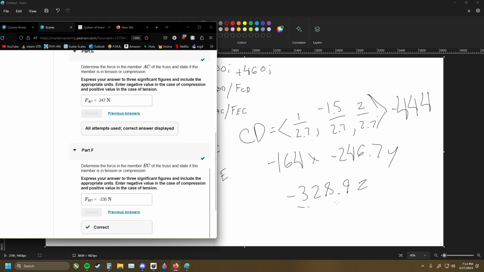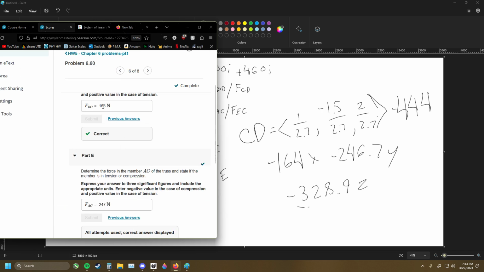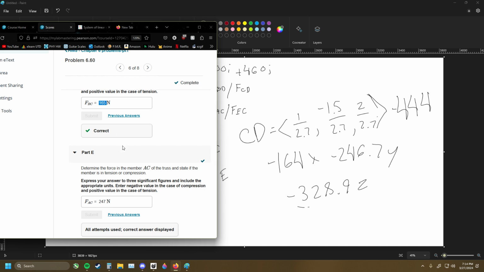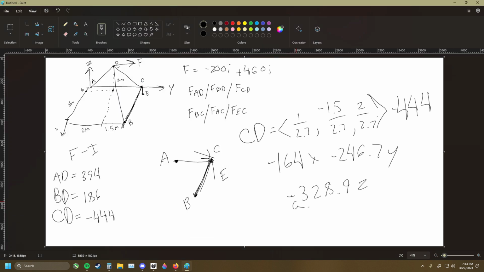I guess I did my math wrong on some part of these. I got my tension and compression mixed up, but I got all the right values. So you get 165, 247, and 330, which is basically 328. And I also did a lot of rounding, so that's to be expected that I would get some error. But I get about the right answer.